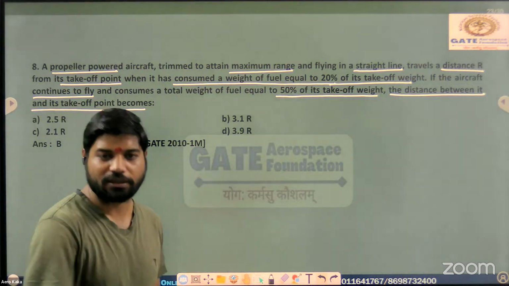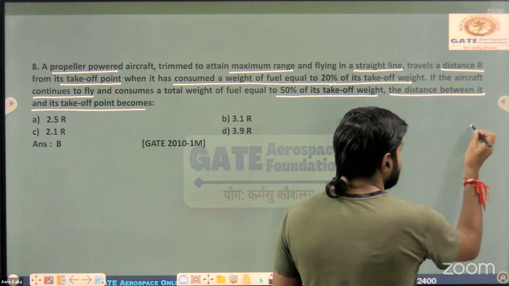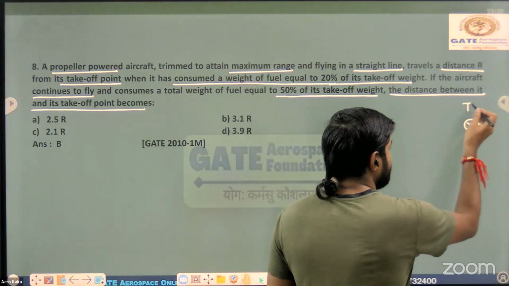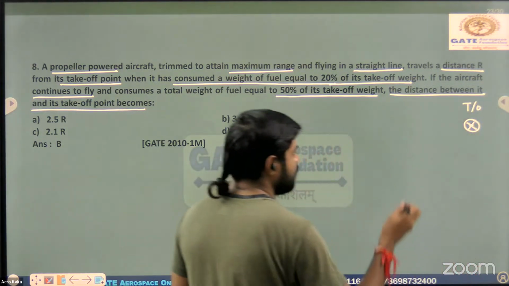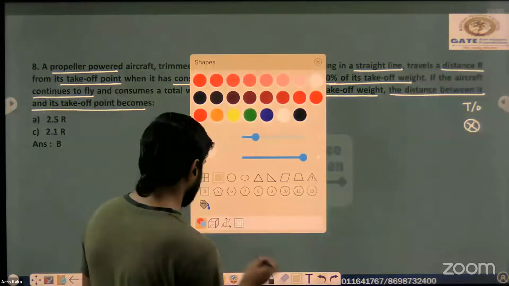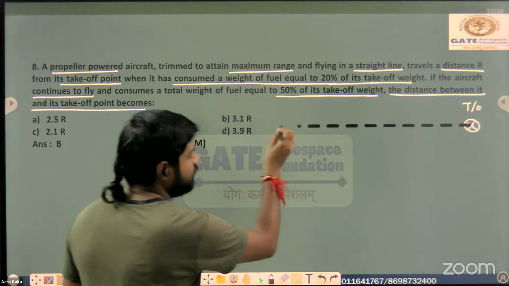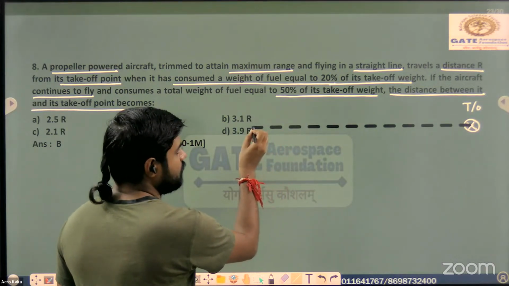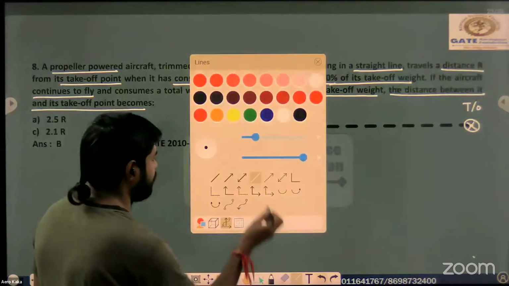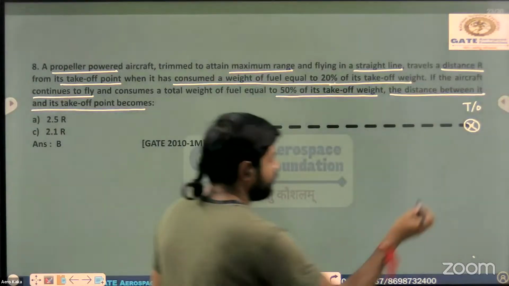So better you draw the diagram. Let's consider this is the takeoff point. This aircraft is flying in a straight line, something like this.